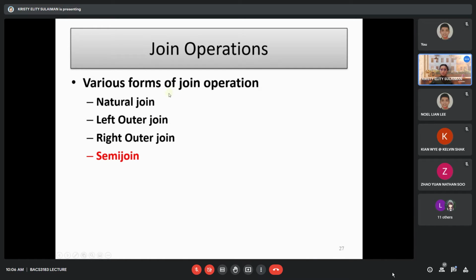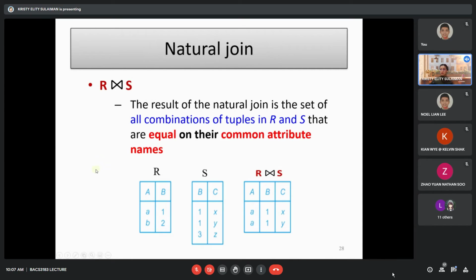Join is one of the most difficult operations to implement efficiently in an RDBMS, and it is one of the reasons why relational systems have intrinsic performance problems. But you still need to understand the use of this join operation. We have these four types of join operation.